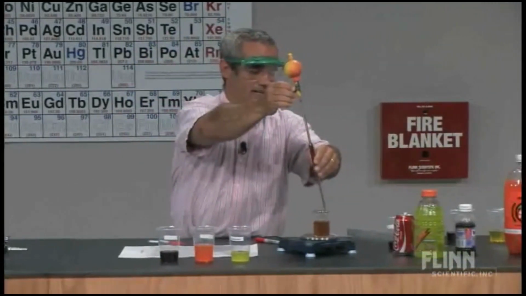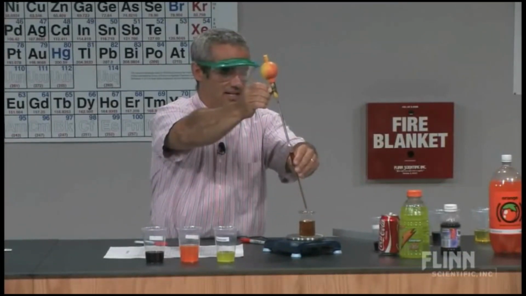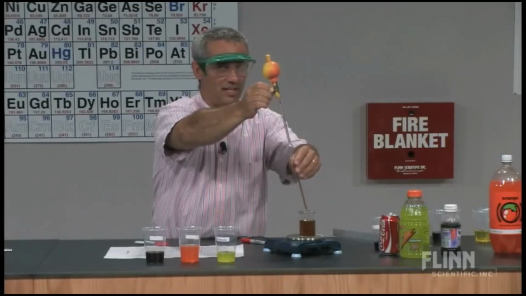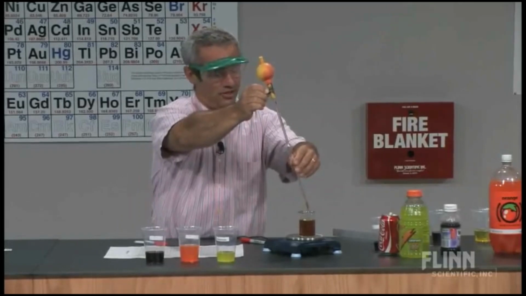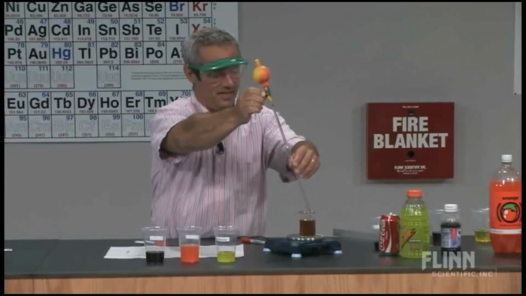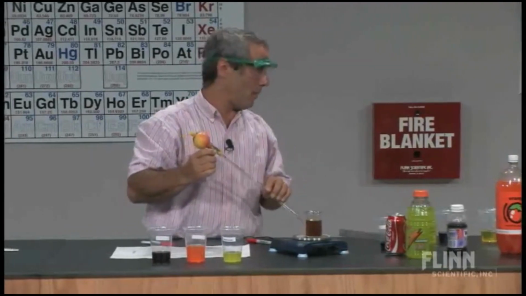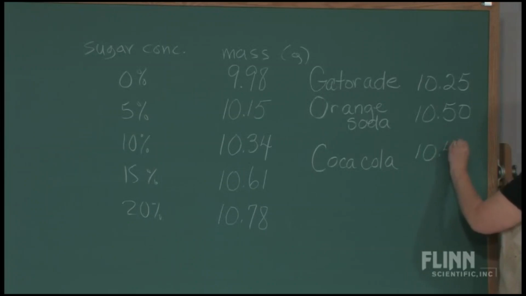We're going to add that. Most students predict Coke would be a higher sugar content than orange soda. I think just having the orange associated with it, that's a fruit, makes it healthy, therefore less sugar. But right now, 10.42, yeah, Coke is actually not as sugary as orange soda.